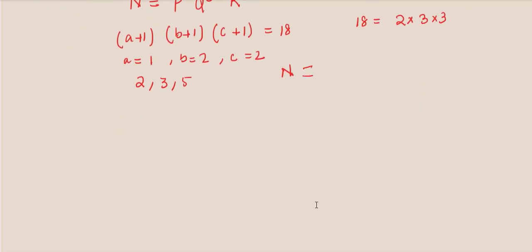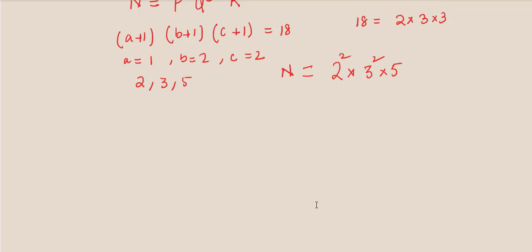if we consider n to be 2 multiplied by 3 multiplied by 5, what power should be given to 2? It should be 2, the highest one. Then what power should be given to 3? It should be 2.